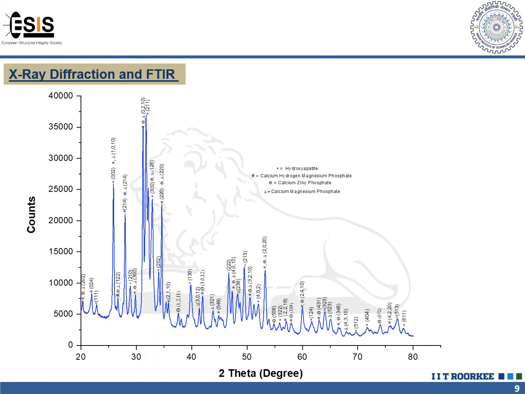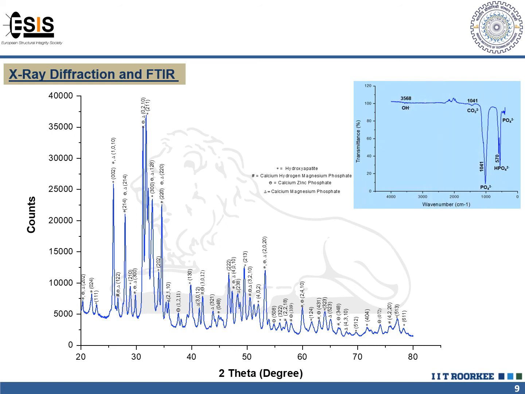The presence of different phases and the purity were confirmed through the X-ray diffraction pattern. Here we can see the peaks of hydroxyapatite, calcium hydrogen magnesium phosphate, calcium zinc phosphate and calcium magnesium phosphate were present. No foreign elements or phases were present in the X-ray diffraction pattern. So it confirms the purity of the synthesized coprecipitated HA powder. Further, FTIR was done to confirm the presence of hydroxyapatite.